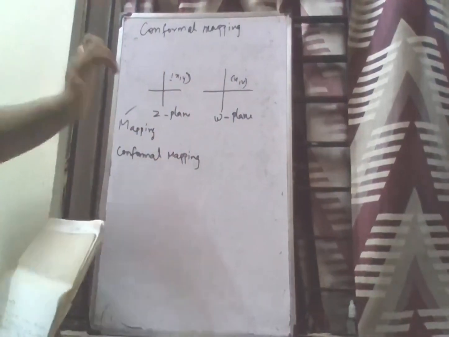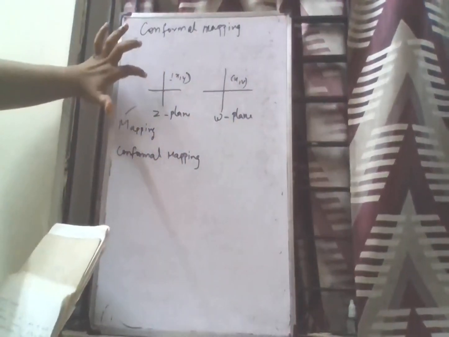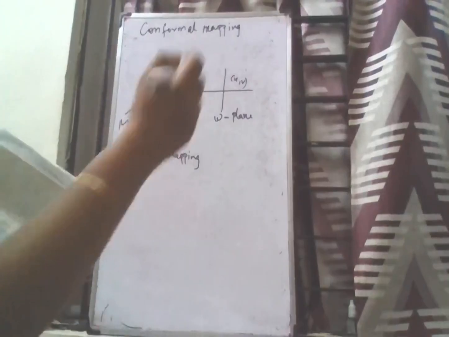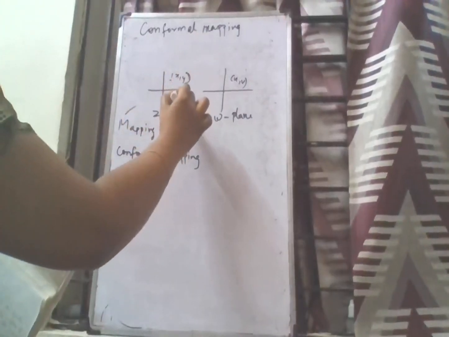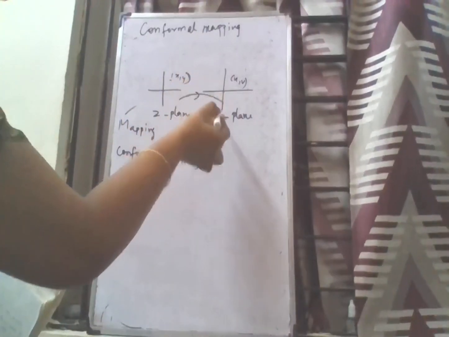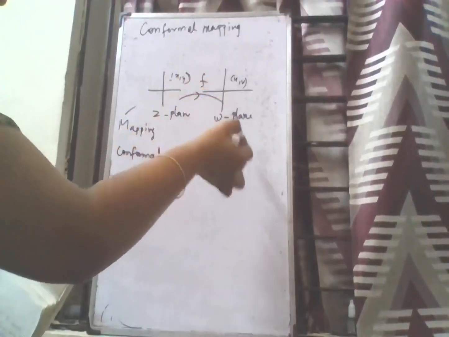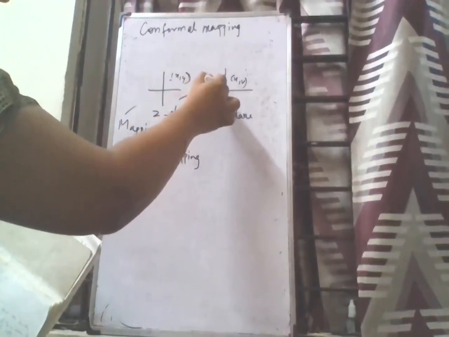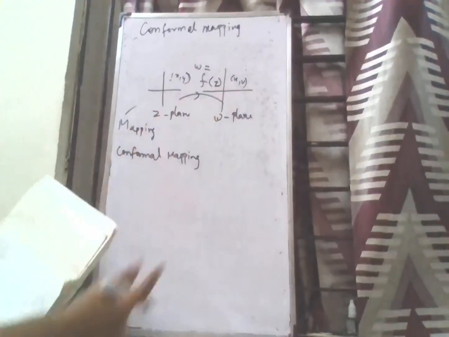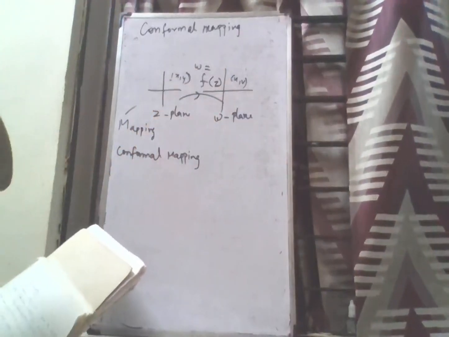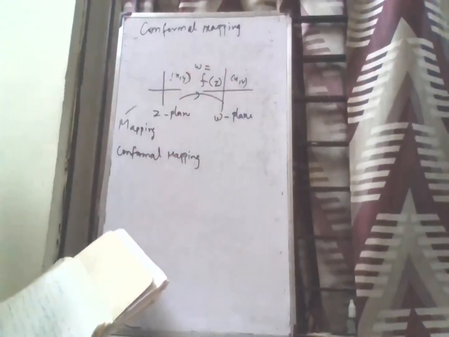To each point x comma y in the Z plane, the function f of z determines a point. The function f transforms from the z plane to the w plane, that is, w is equal to f of z.